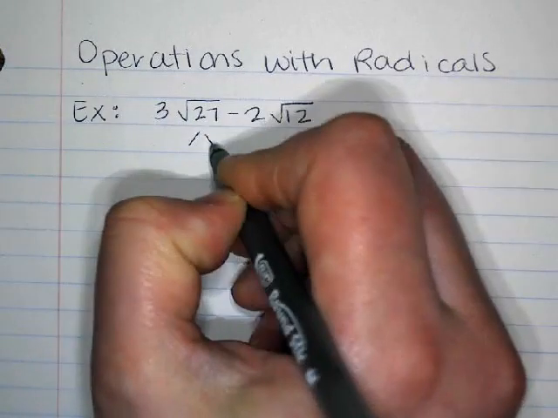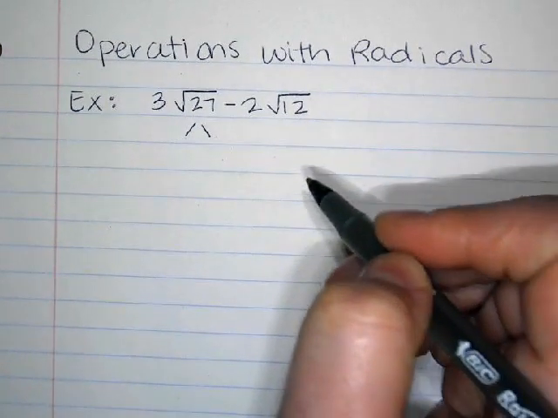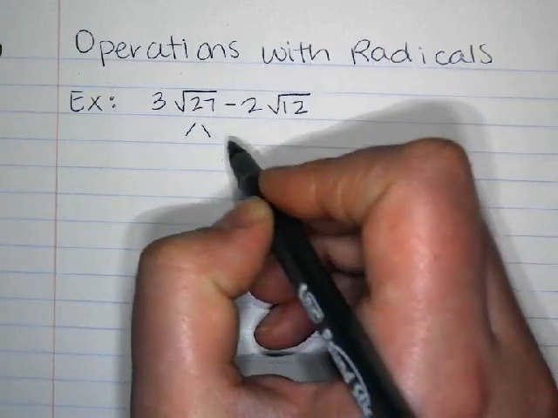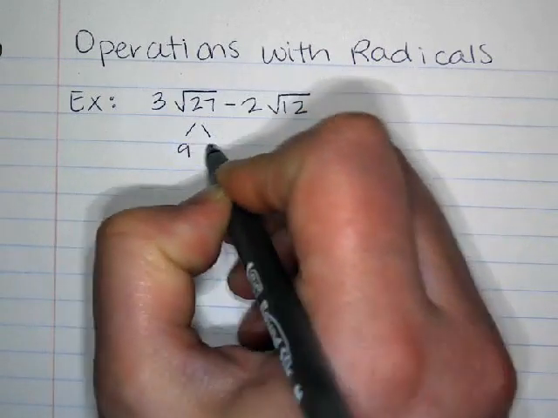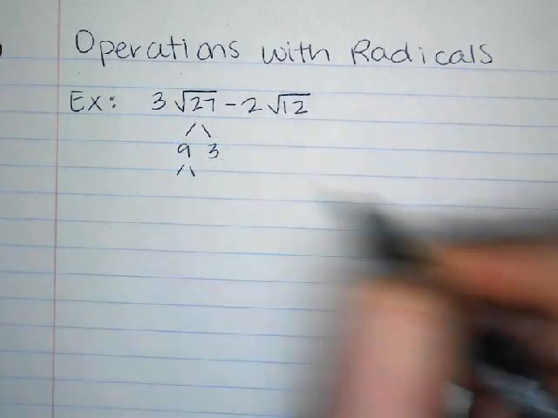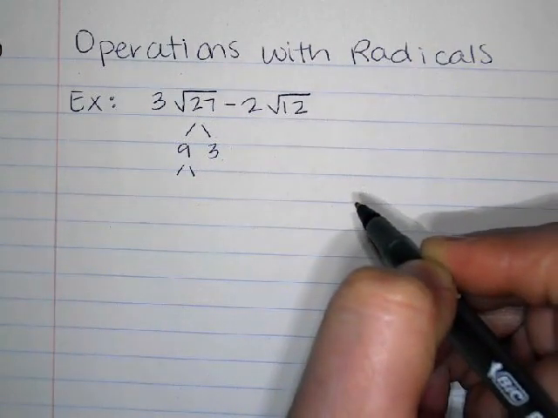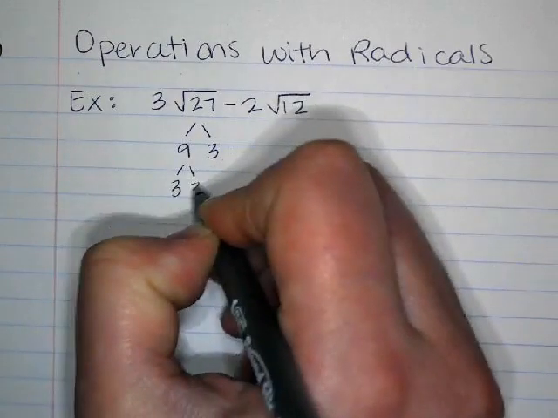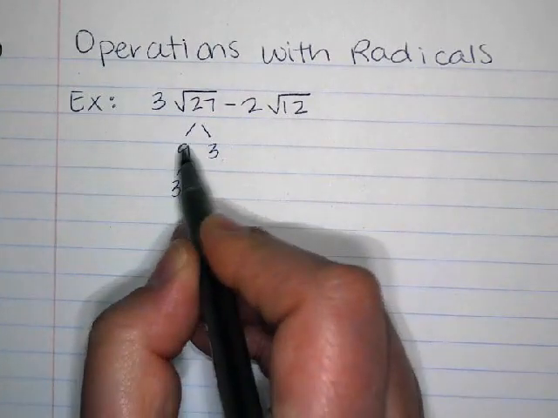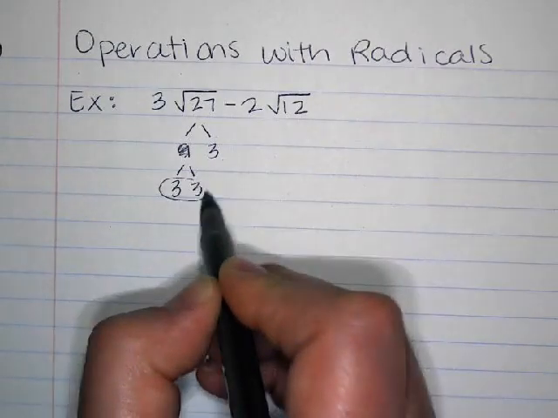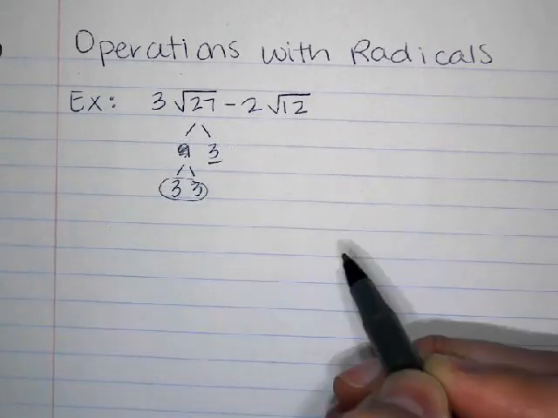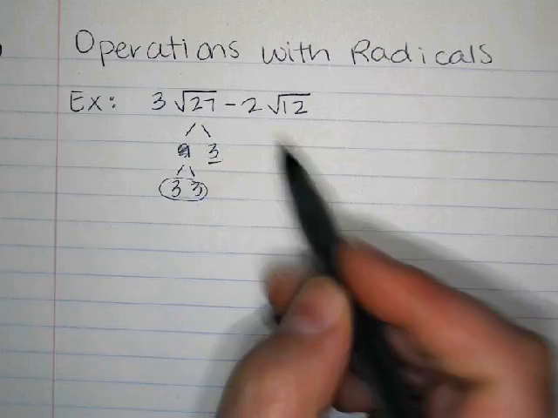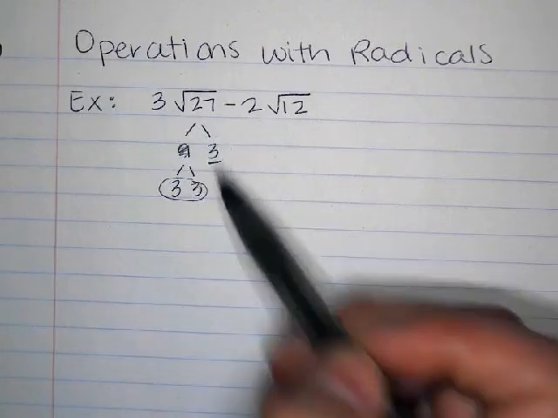So I have to simplify it first, and then I can subtract them and see how many I have. So if I break down the 27, what am I going to get? 9 and 3, okay, and then I'll break down the 9. 3 and 3, okay. So I have a pair of 3's and a leftover 3. And so what does that make this become?